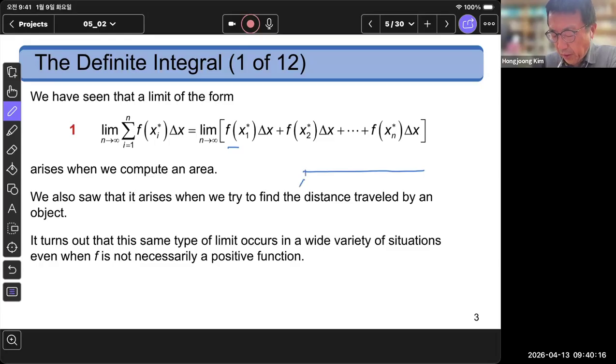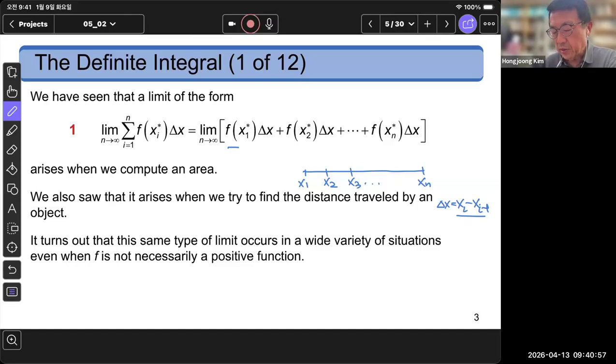Suppose that we have x1, x2, x3 up to xn, and delta x denotes xi minus xi minus 1. If that is fixed for all i values, that means x2 minus x1 is the same as x3 minus x2, which is the same as x4 minus x3, and so on.